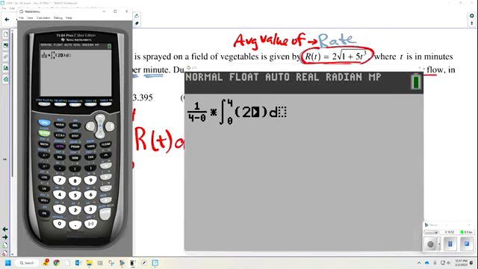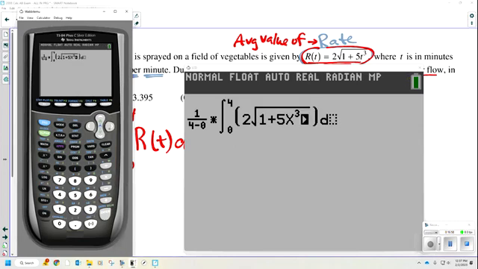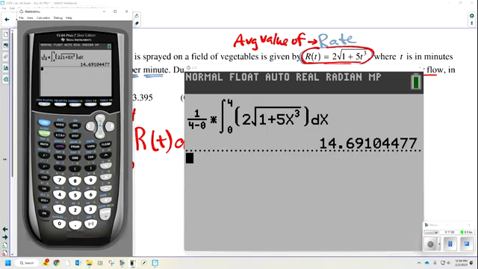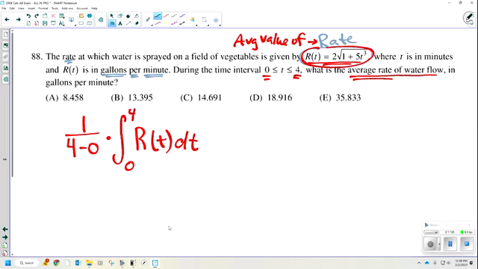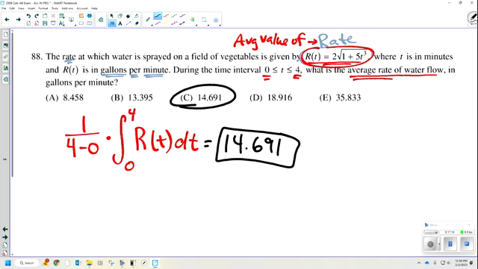That is 2 square root of 1 plus 5x cubed, and we need our dummy variable x, otherwise we'll get an error. There it is, 14.691. Sitting beautiful right next to option C.